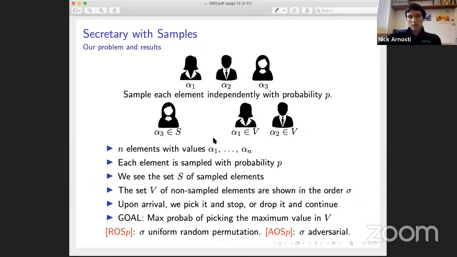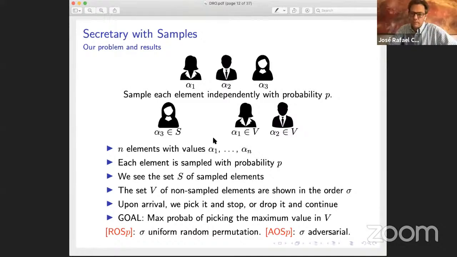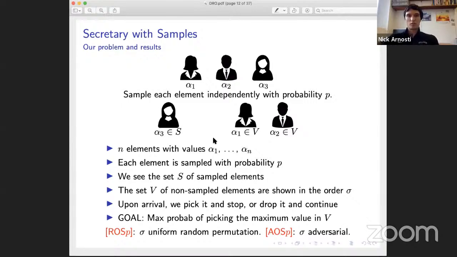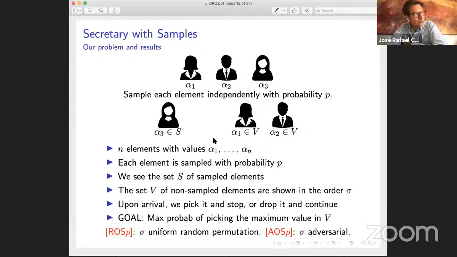One more question. I could have imagined that I would be presented the sets V and S together in some random order, and then try to choose the maximum of the total. But here I'm just looking at the V online ones and using S just for learning. Is there some natural implication in one direction or the other between those two models? That's a good question.